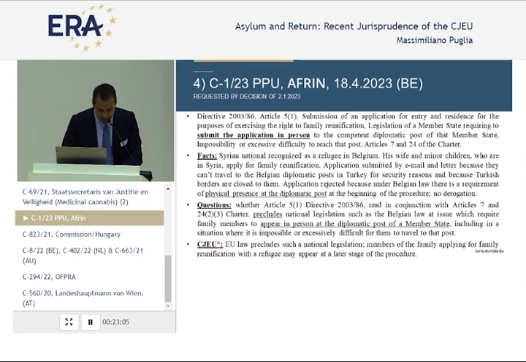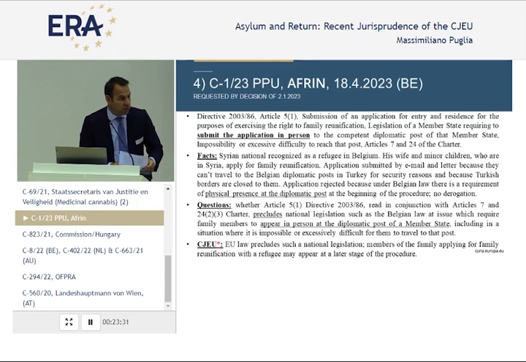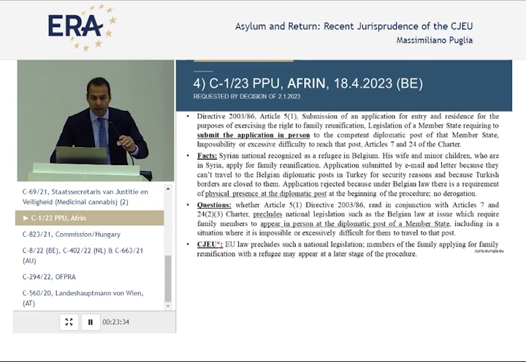So the court states that the national law, as it was not setting out any derogation to the main rule, was making it impossible in practice for these applicants to make their application, and it constitutes a disproportionate interference with the right to respect for family unit. Why? Because this person could have appeared at the second stage of the procedure, because the only objective of the need of the presence of the applicants is to verify his identity.